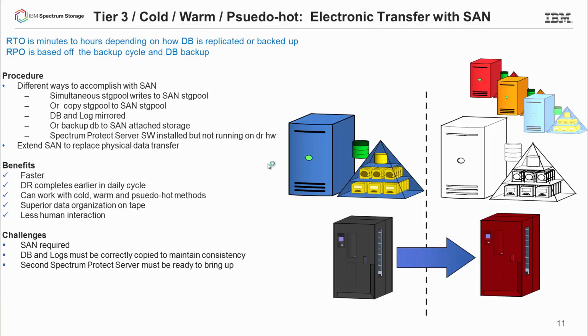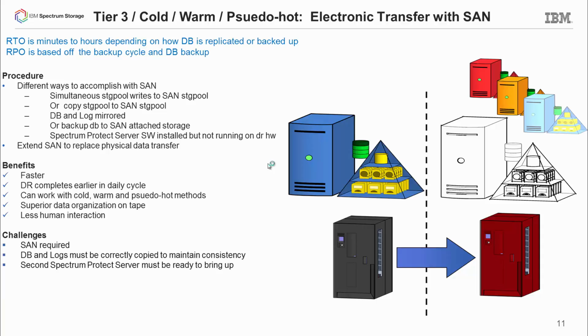The recovery time objective is going to be minutes to hours depending on how you replicate across your database. The recovery point objective is going to be based on where in the backup cycle you are when the disaster strikes. The big thing here for the challenges is that your database and logs have to be correctly copied to maintain consistency if you are doing some type of SAN attached copy.